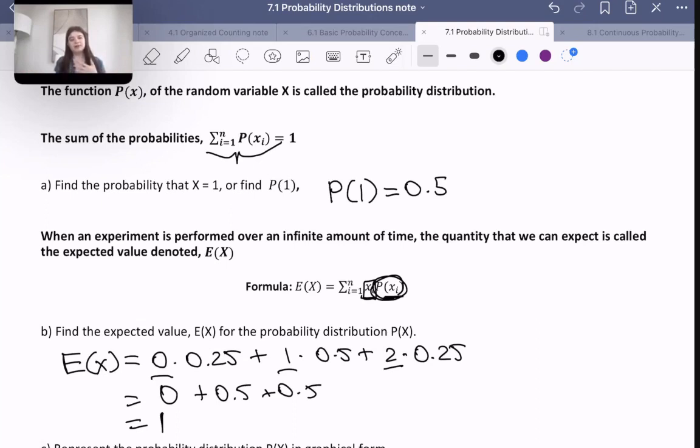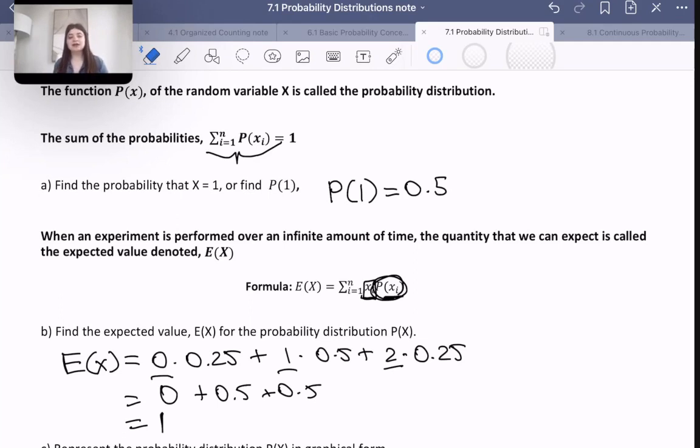So it makes sense why the average would be 1, because we have equal chances of getting a little bit above or a little bit below 1. And then we also have a chance of getting 1, and of course adding 1 to itself and dividing by the number of ones also gives us 1 for the average. So this makes good sense, that that was going to be the average. So think of expected value as the average.